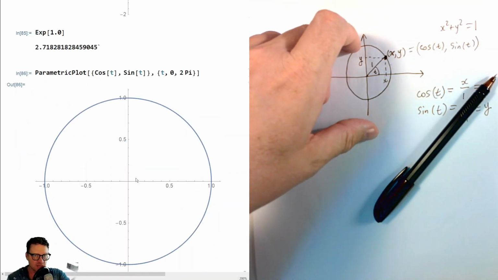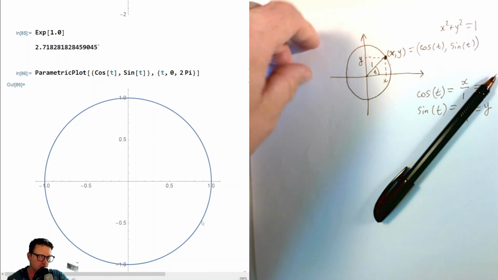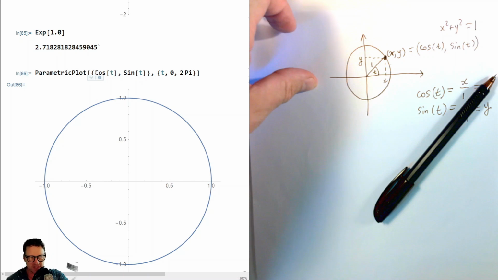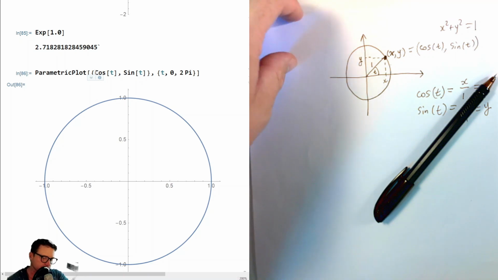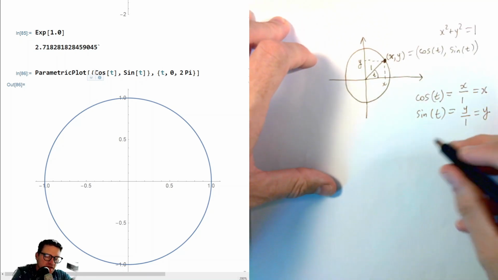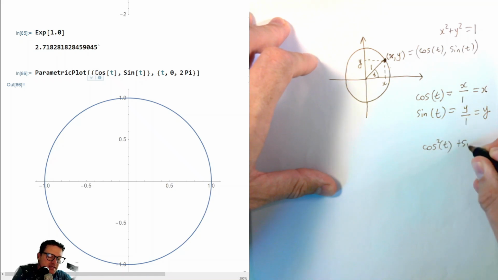Let's have a look. You see, I get the full circle. So I have essentially parameterized the unit circle by calling the points cos, comma, sine. Okay, and this works because of this, but we also get from that cos squared t plus sine squared t equals 1.